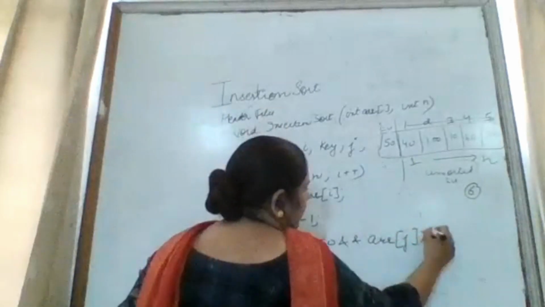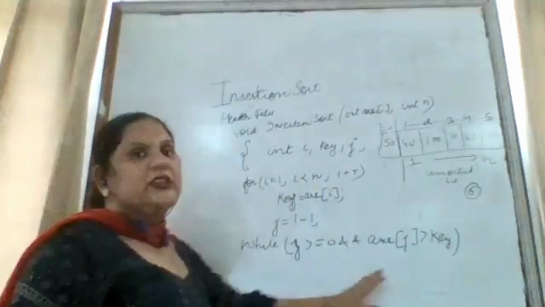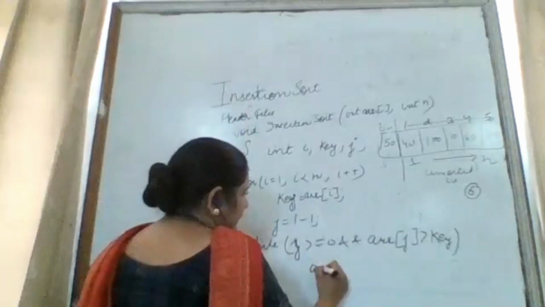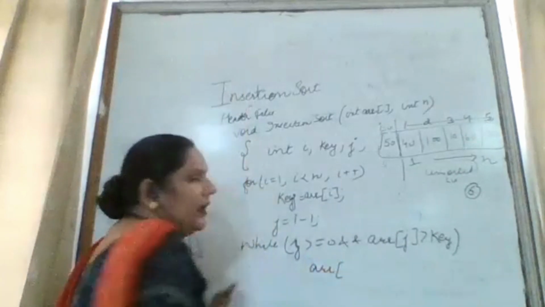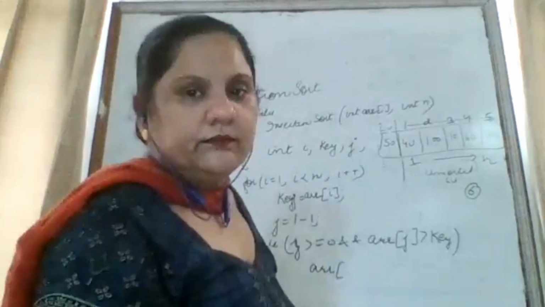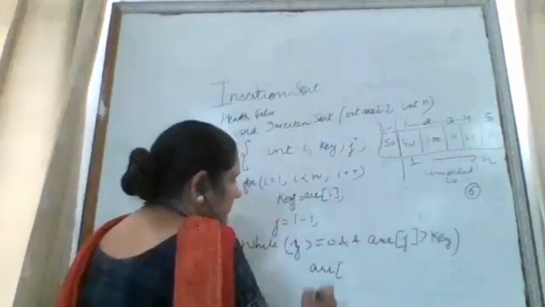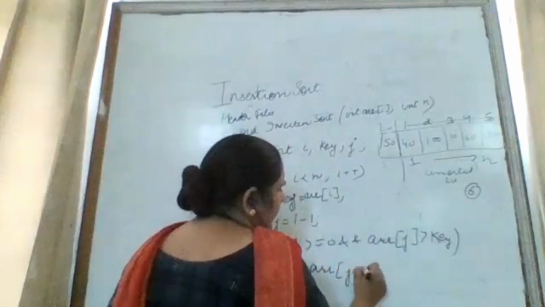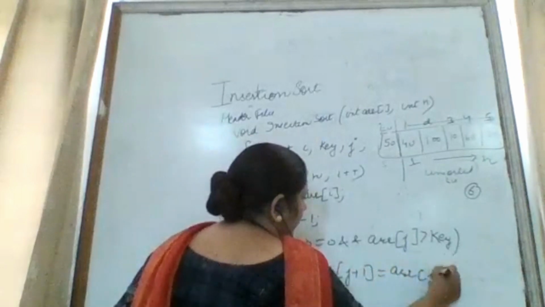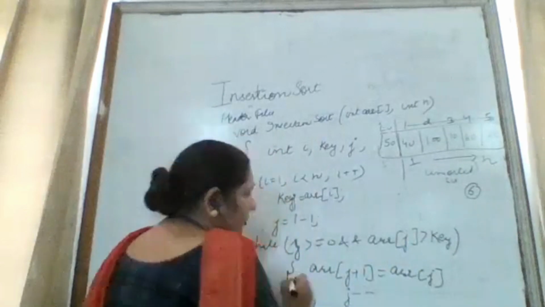You will write array of j plus 1 is equal to array of j, and we will write j minus minus.